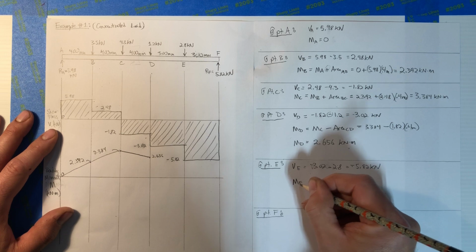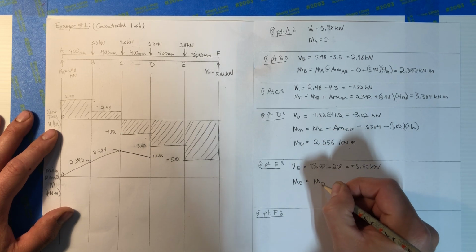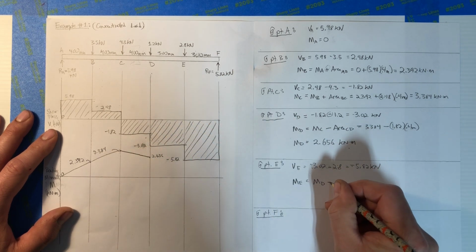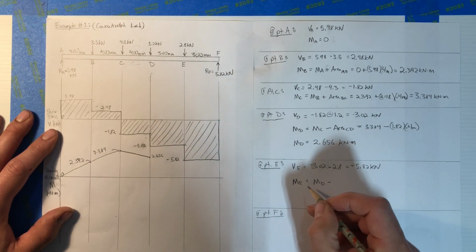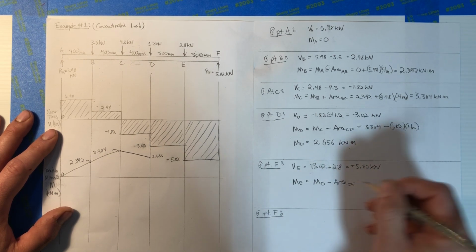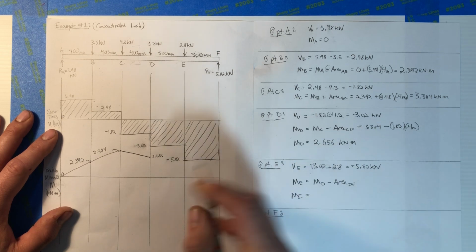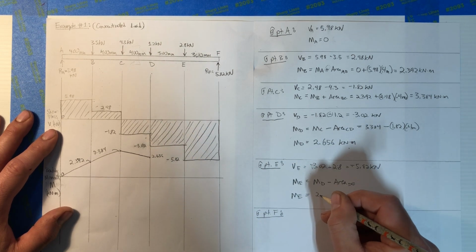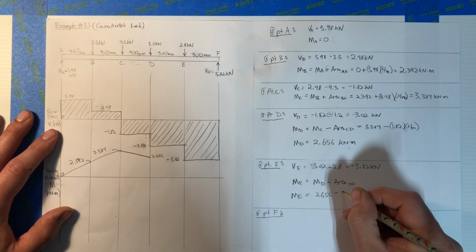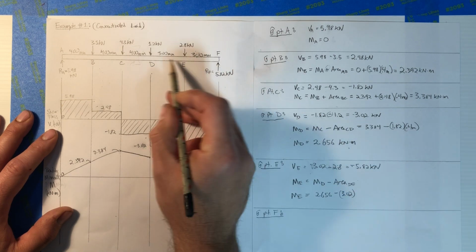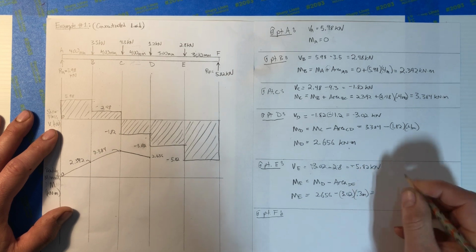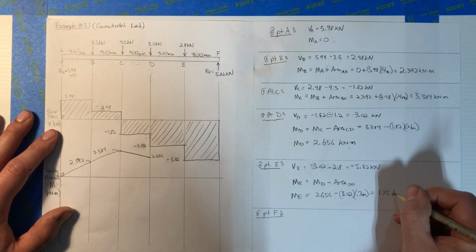My ME, moment at E, is equal to my old moment at D, right? This area between D and E is below the curve, so that's going to be a minus, okay? MD minus area DE, and ME is going to be equal to the value MD was 2.656 minus area DE, which is 3.02, and this is 300 millimeters wide, so 0.3 meters, and we're going to get a value at E of 1.75 kilonewton meters.